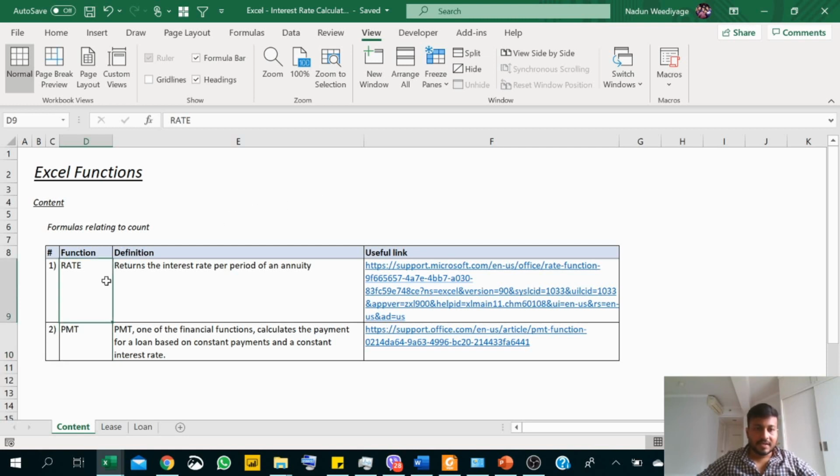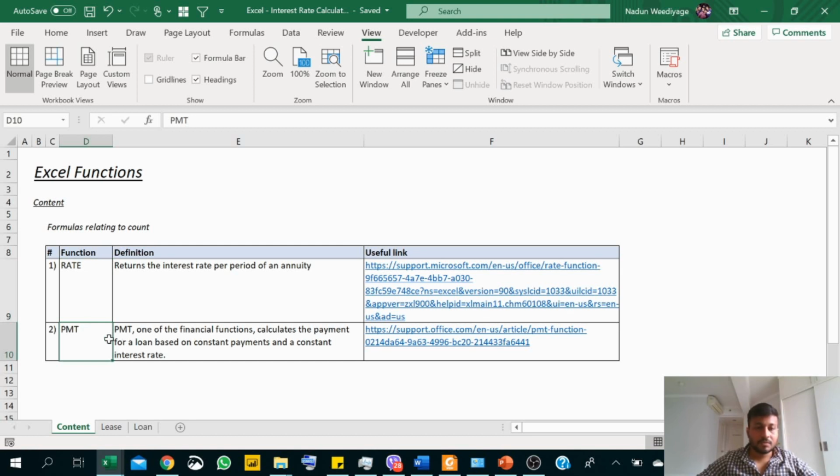The RATE function will return the interest rate for the period of an annuity. Annuity means a payment we are making in equal amounts for a certain period of time. The PMT function is the function you can use to calculate the installment.